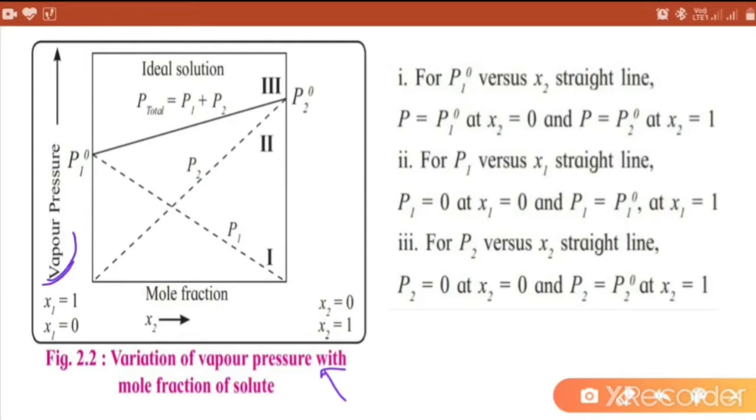This is vapor pressure and this is mole fraction.